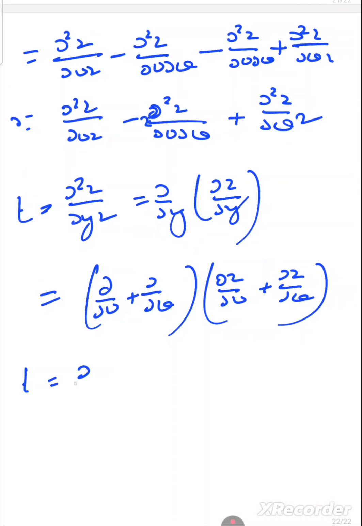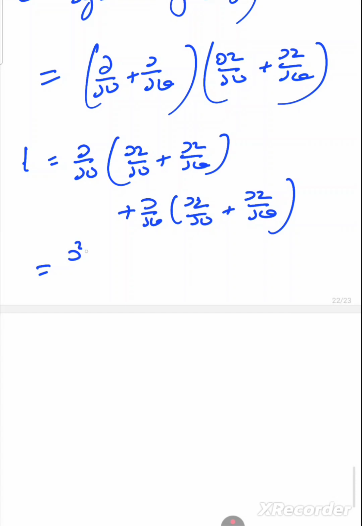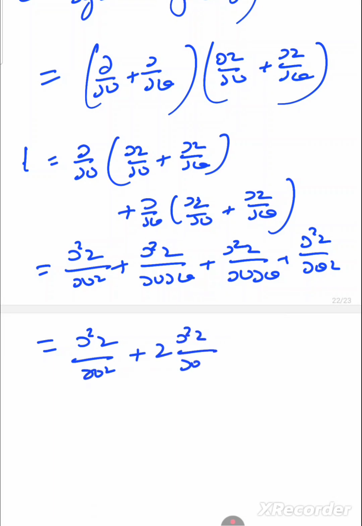Now this is ∂/∂u of (∂z/∂u + ∂z/∂v) plus ∂/∂v of (∂z/∂u + ∂z/∂v). This gives ∂²z/∂u² + ∂²z/∂u∂v + ∂²z/∂u∂v + ∂²z/∂v², that is ∂²z/∂u² + 2∂²z/∂u∂v + ∂²z/∂v².